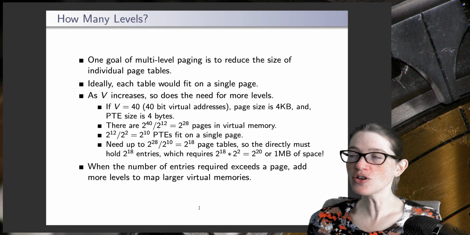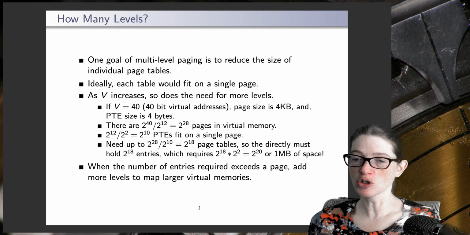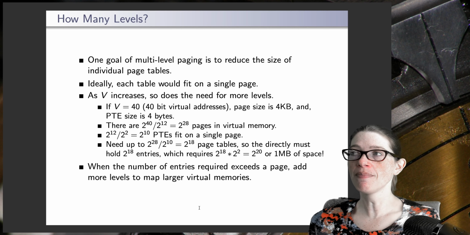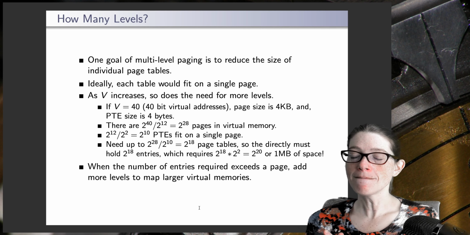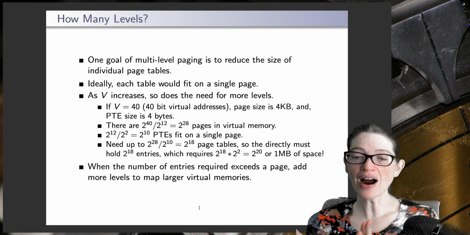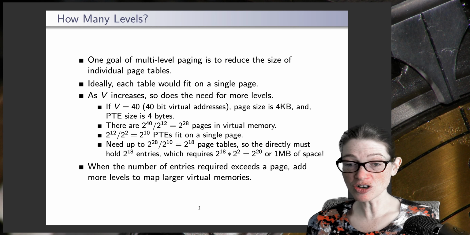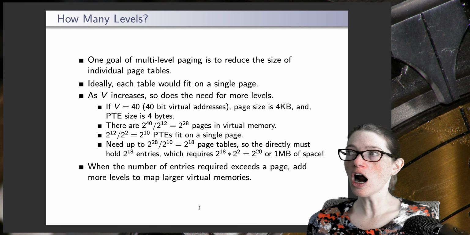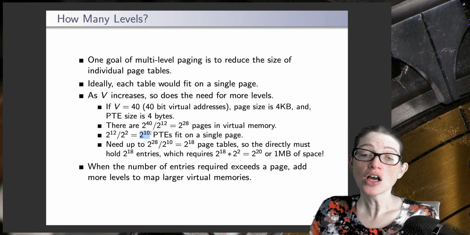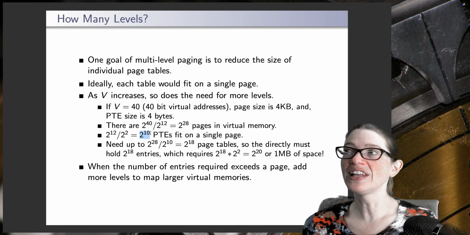But if we grow our address space, and let's say we now use 40 bits for virtual addresses, we can't fit our page tables onto a single page, because there would be 2 to the power of 28 pages of virtual memory, and if each page table entry is 4 bytes in size, I could only fit 2 to the power of 10 entries on a single page. So I need to use more than one level.